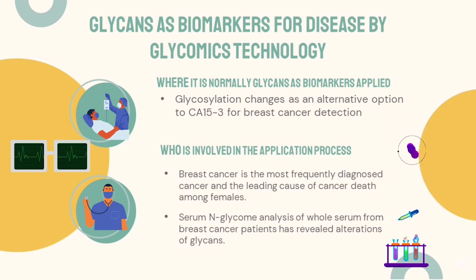So basically, it involves especially the cancer disease. So for who is involved in the application, the breast cancer is mostly for females only. The serum glycome analysis of whole serum from breast cancer patients has revealed the alteration of glycans.